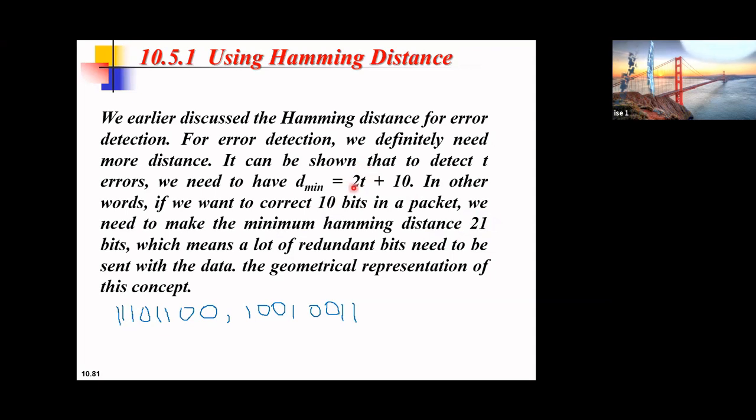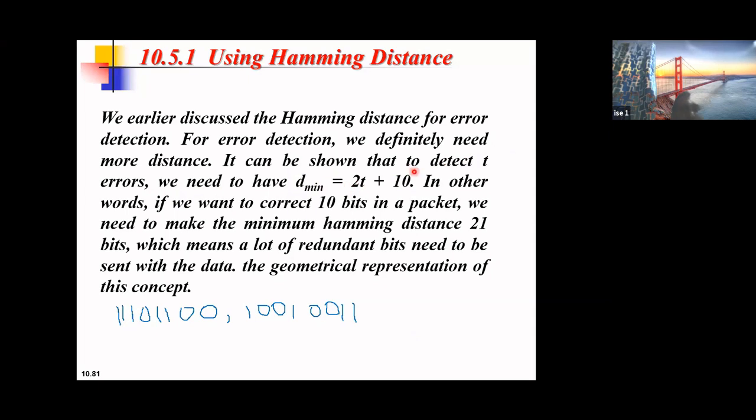So in our case, what should be the minimum Hamming distance if I want to detect 8 errors? If I want to detect t errors, then my minimum Hamming distance is 2t plus 10.